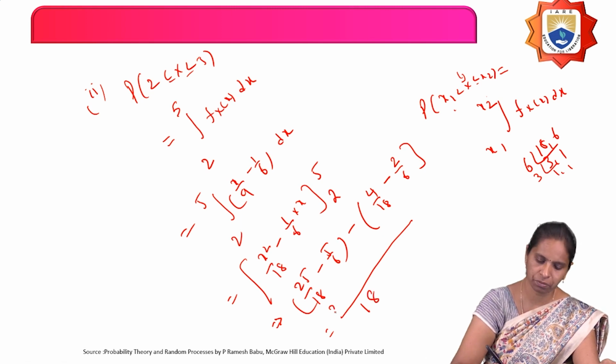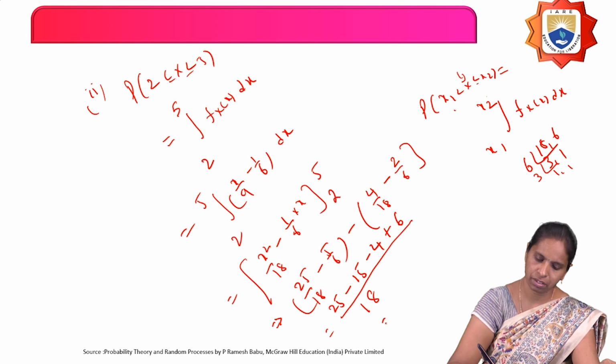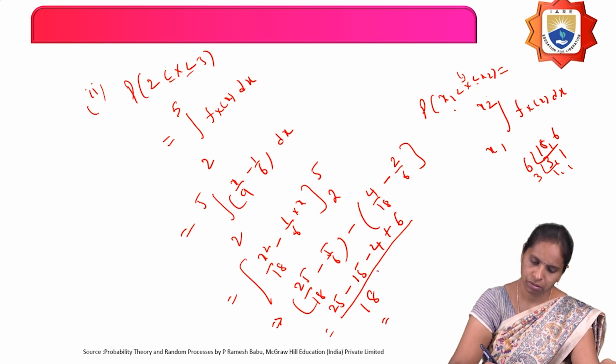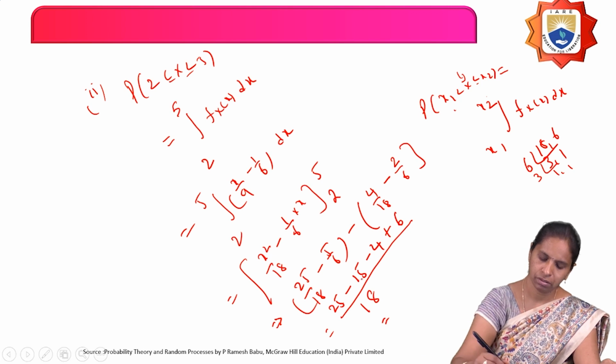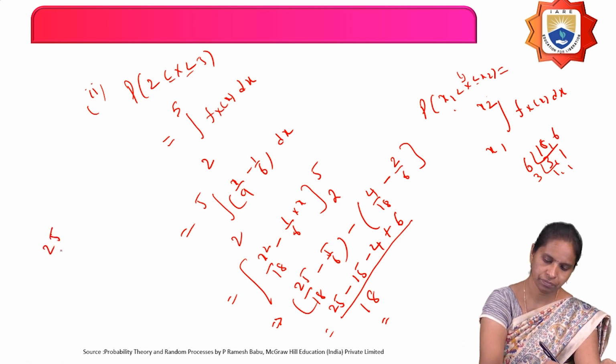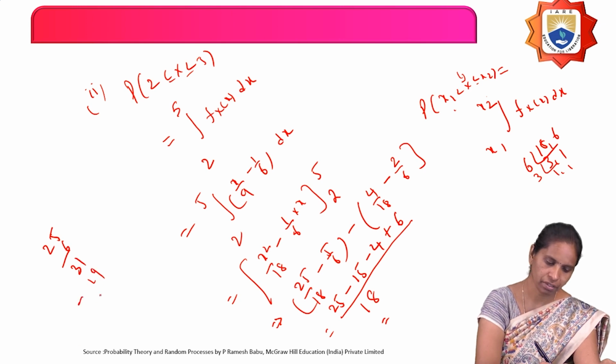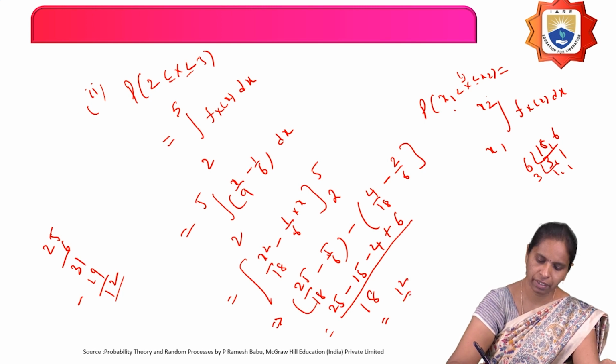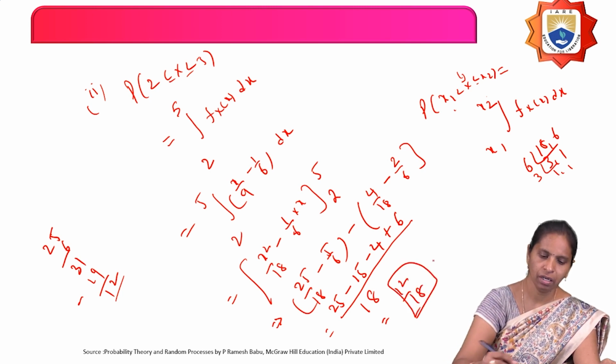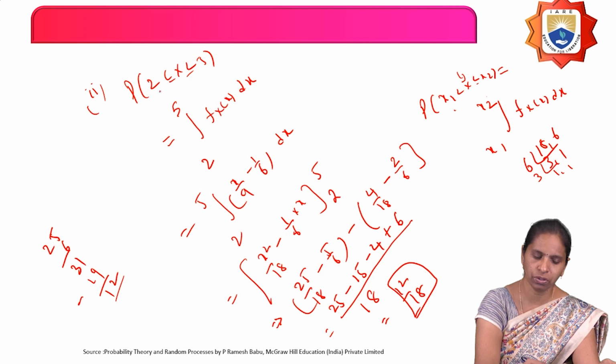Then what can happen here? 25 minus 15 minus 4 plus 6. That equals 31, 25 plus 6 is 31, minus 19. So we'll get 12. So 12/18. Therefore, what is the probability that the random variable takes values from 2 to 5? Nothing but 12/18.